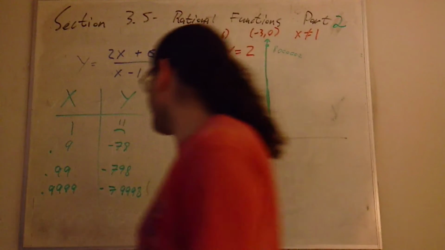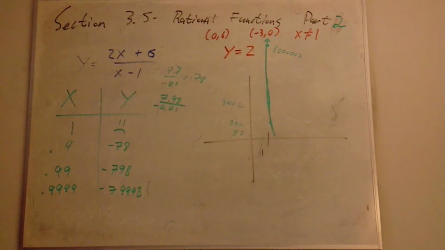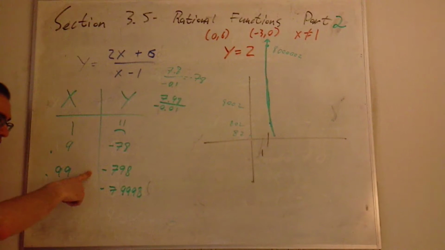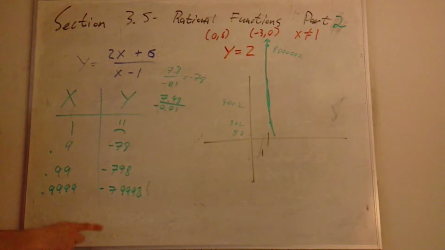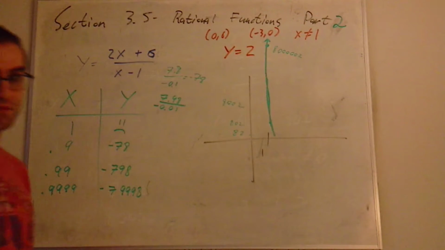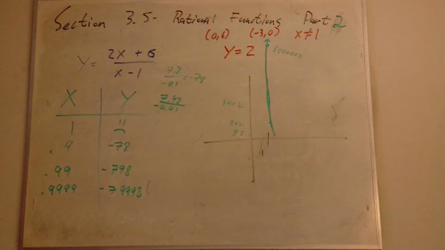So again, we have the same pattern occurring where if you plug in numbers very, very close to 1, the distance between these two numbers is tiny. It's infinitesimal. But when you plug in these numbers that are close to 1, you're getting numbers that are just absurdly large. 800, 80,000. If I did more nines, I could probably get up to 8 million again, like I did over here.